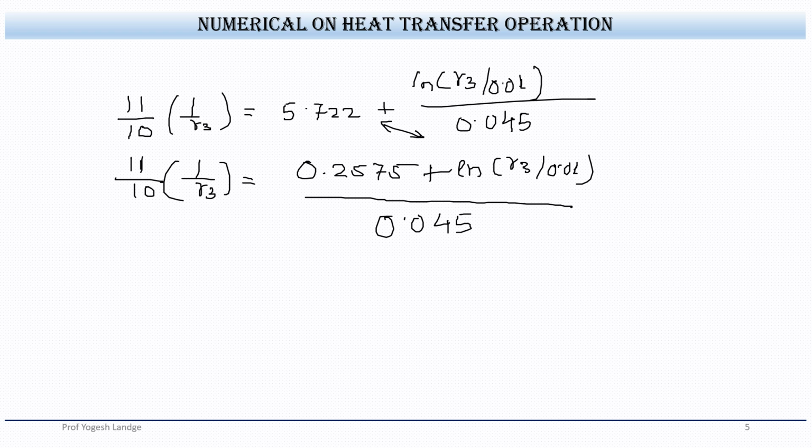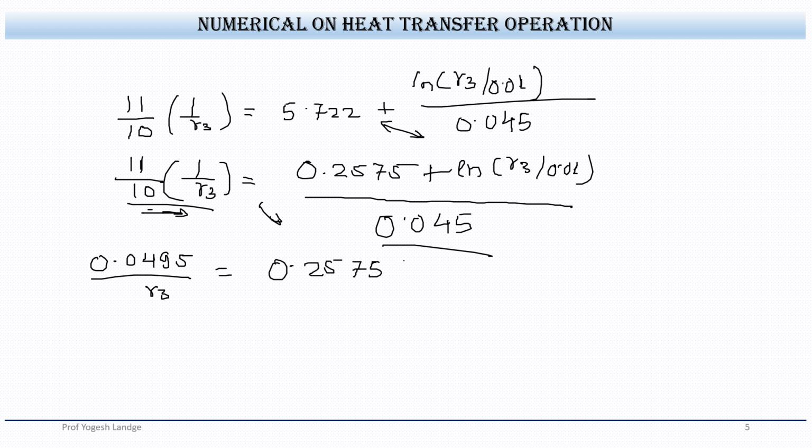After this, I again multiply this 0.045 to this term, and simply I got the value of it, which is 0.0495 divided by R3. This multiplication is equal to 0.2575 plus ln of R3 divided by 0.01.